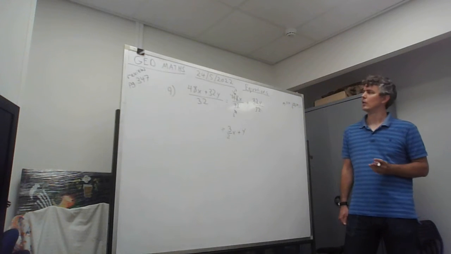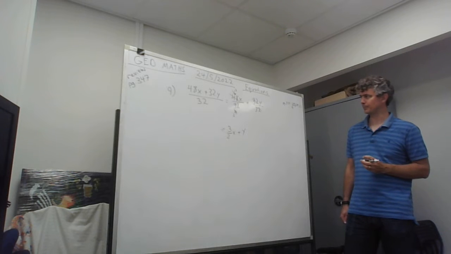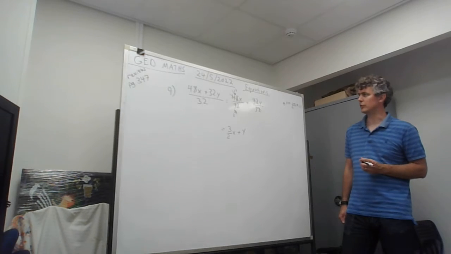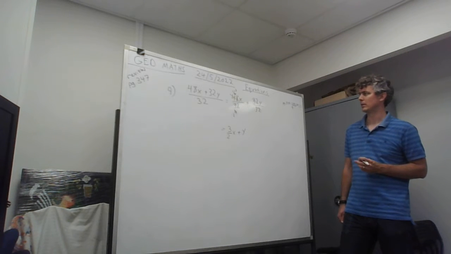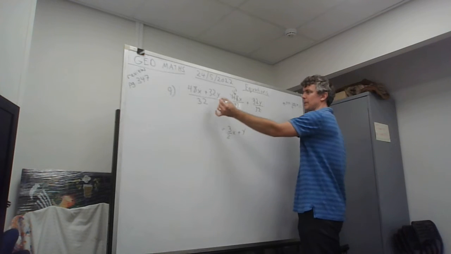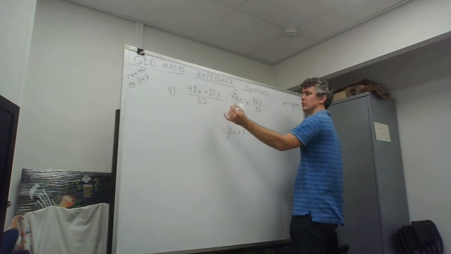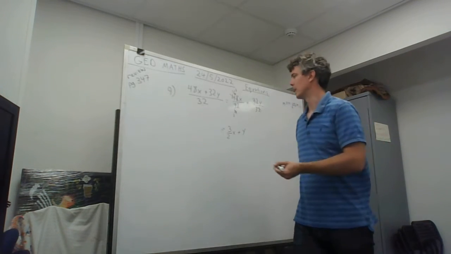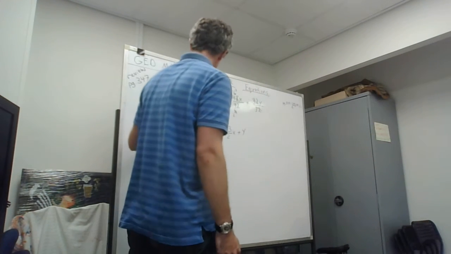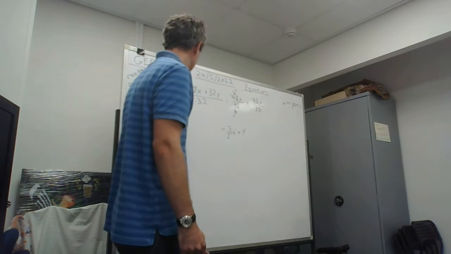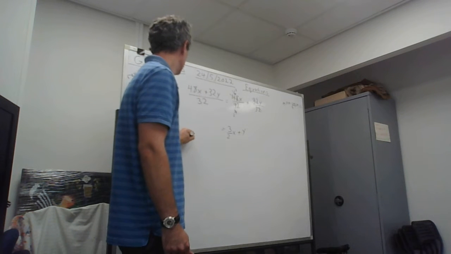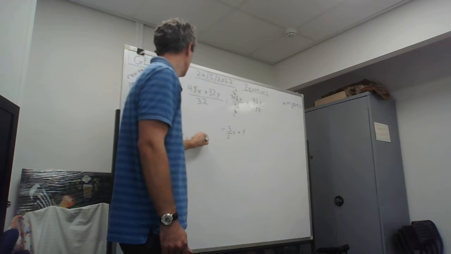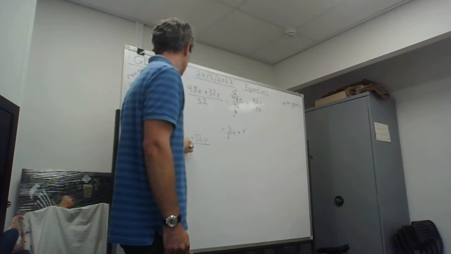One other way that you could do it is you could keep it over here, and whatever you do to reduce these, you do to the bottom one as well. So I could also write it as 48x plus 32y over 32.